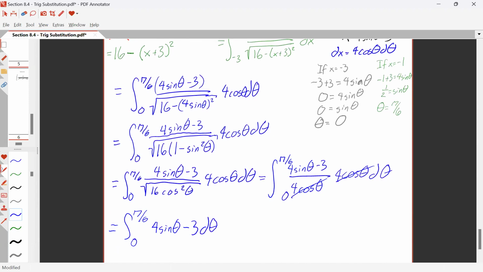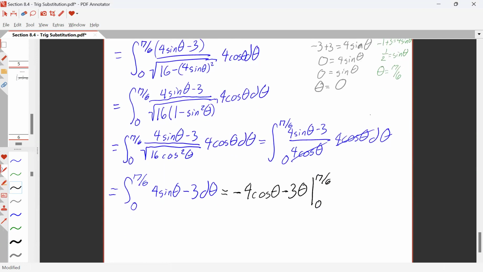We can take this antiderivative and evaluate at the bounds. And the antiderivative of 4 sine theta is -4 cosine theta. And the antiderivative of 3 is 3 theta, which we are evaluating from 0 to pi over 6.